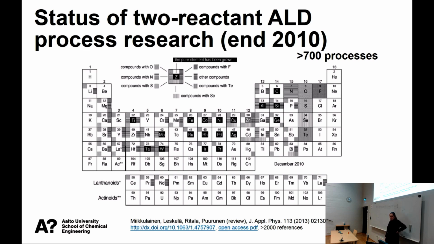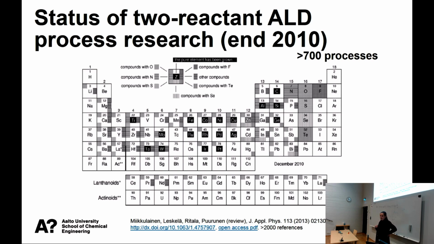This is an overview from quite some years ago of the materials that have been developed by ALD. Over 700 different processes had been reported by that time as ALD. It is a summary of the literature at the end of 2010.